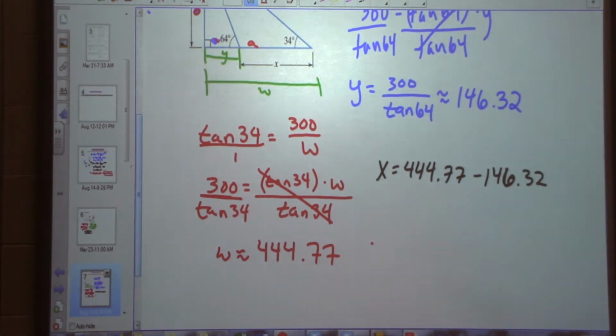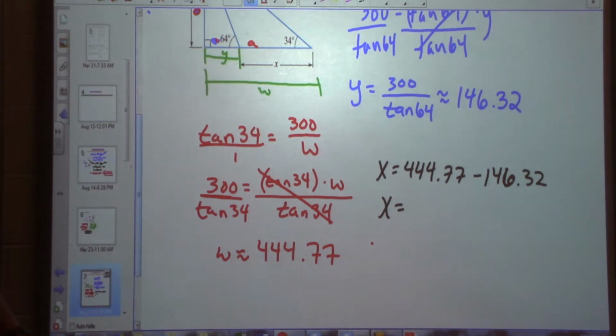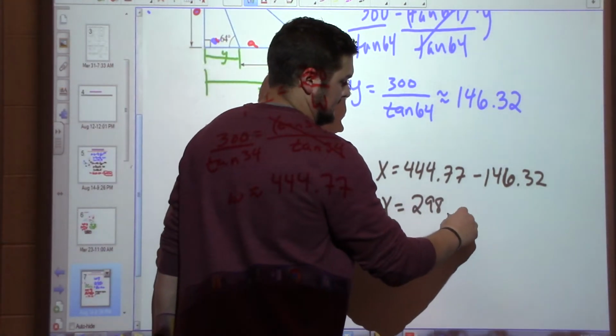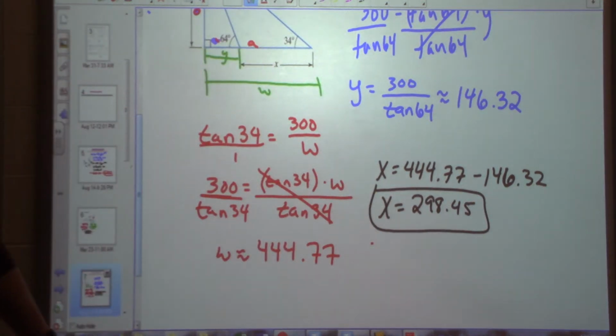Calculator. Do it. 298.45. Good. Any questions? Any at all?